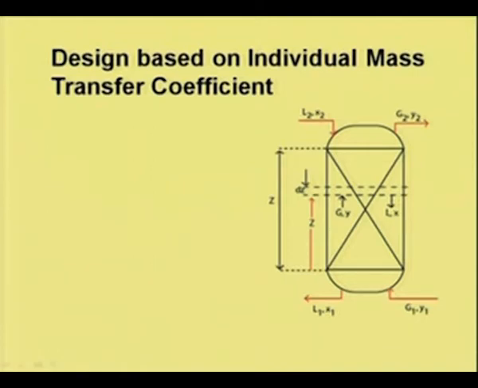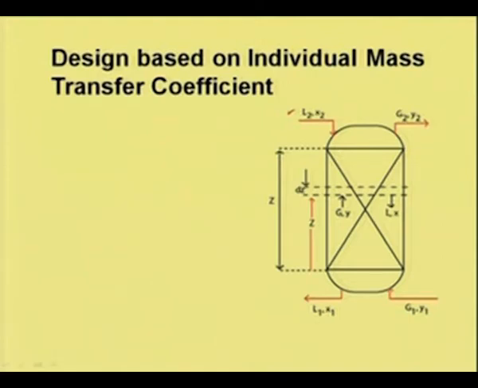This is the height of the packing in a packed tower, Z is the total height, and inlet gas rate is G1, Y1 and outlet gas rate is G2, Y2 and inlet liquid rate is L2, X2 and outlet liquid rate is L1, X1.